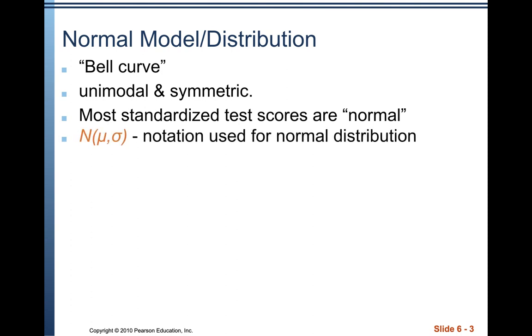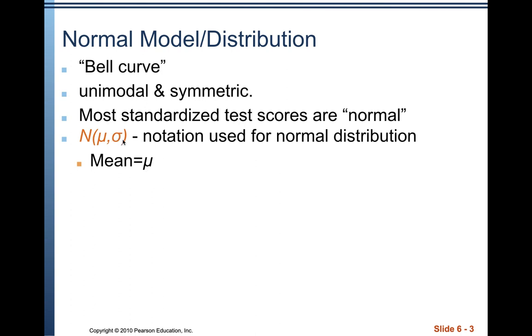This is the notation that you'll see commonly used for a normal distribution. Obviously, the N stands for normal, but these two symbols here you may or may not have seen before. These are actually Greek letters that are commonly used in statistics. The one that looks like a U is actually the Greek letter mu, and that is the symbol commonly used for the mean.